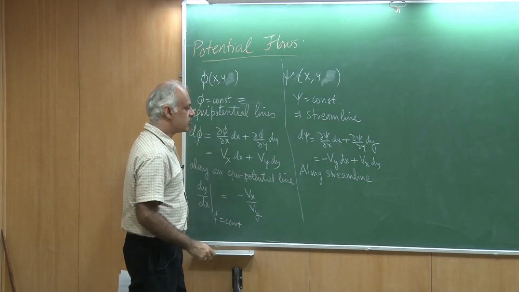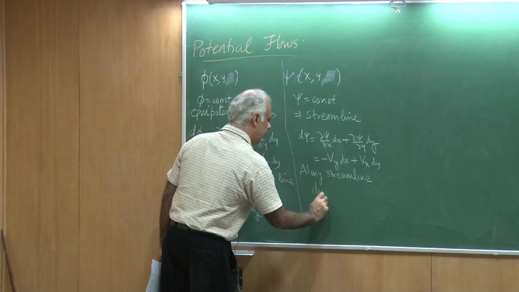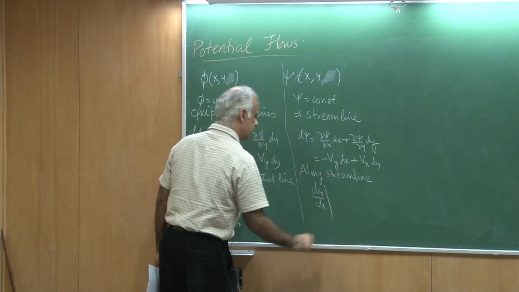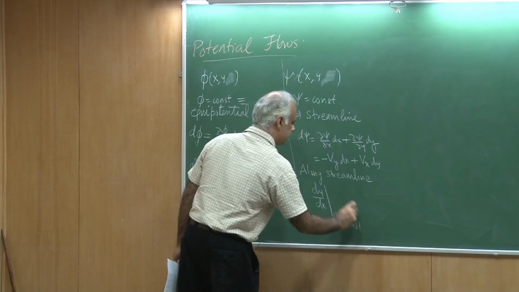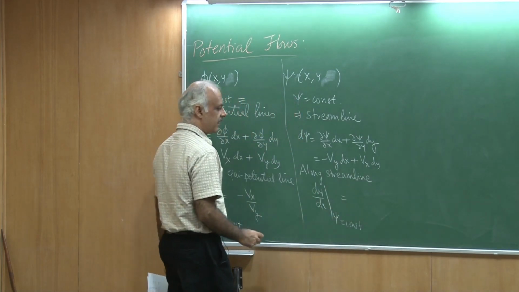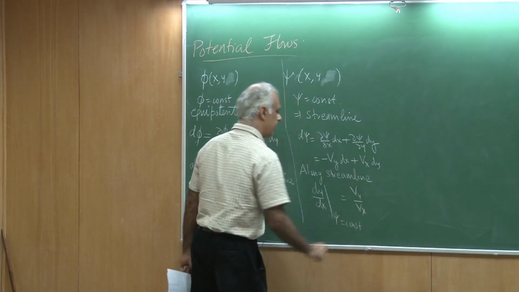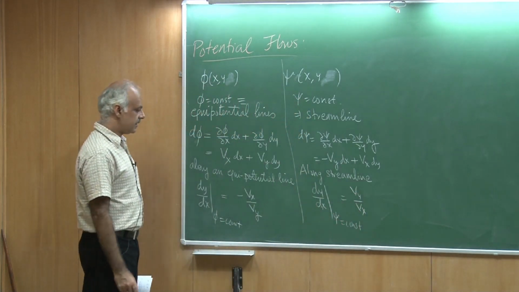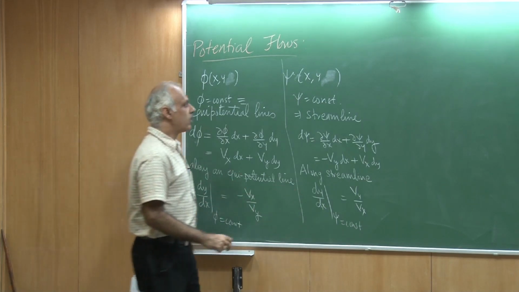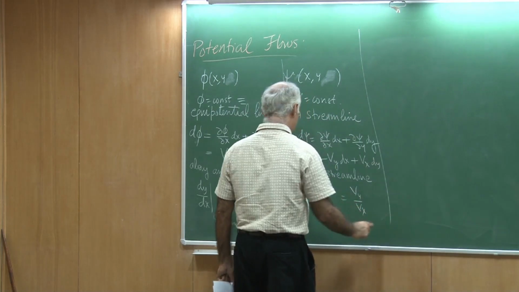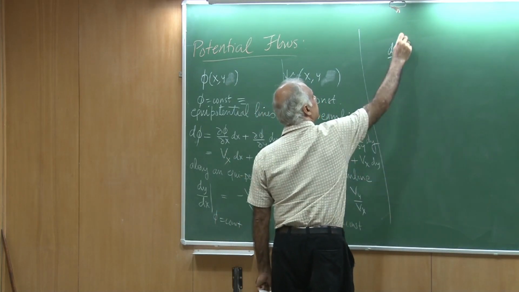So, if I look at the slope of a streamline, I put d psi equal to 0 and dy by dx along psi equal to constant is actually given as Vy by Vx.